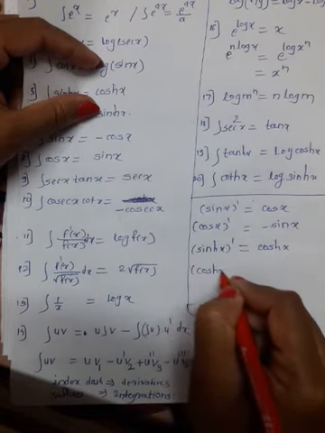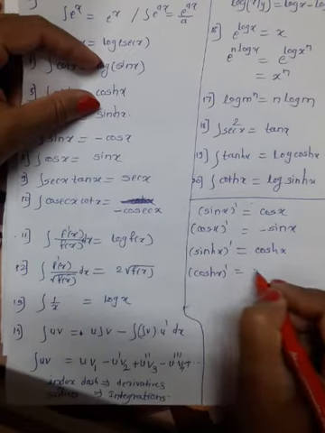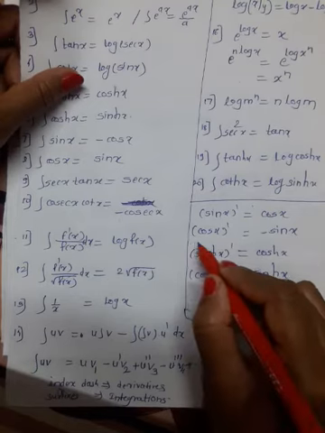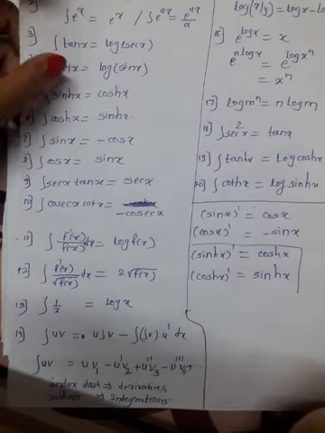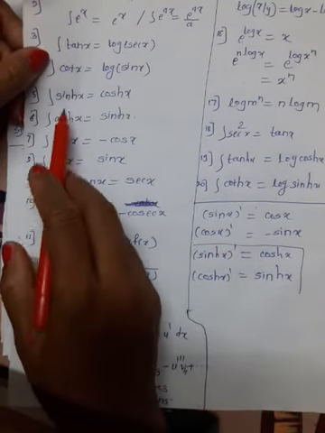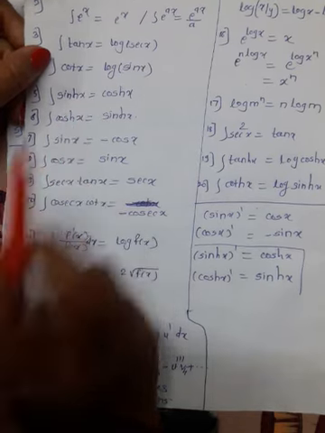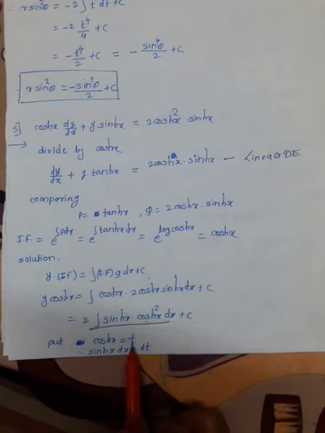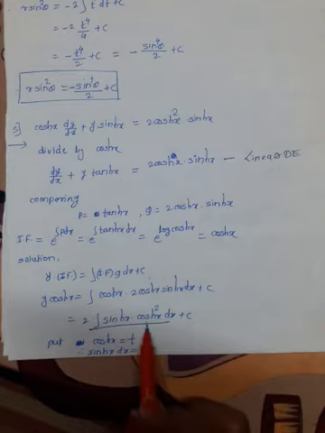The cos hyperbolic x derivative is not minus, it is plus sign. Minus is not there in the case of hyperbolic, in the derivative and in the integration as well. Okay, therefore put cos hyperbolic x equal to t, take derivative on both sides, sin hyperbolic x dx becomes dt. Put these values here in the equation.